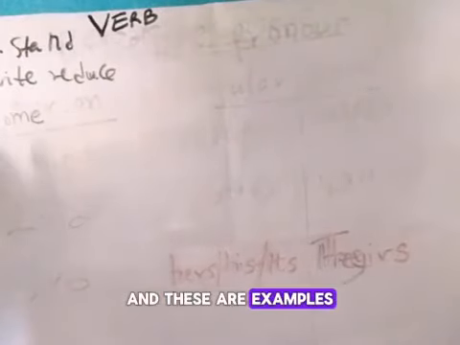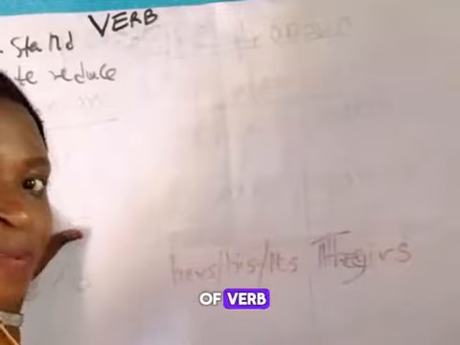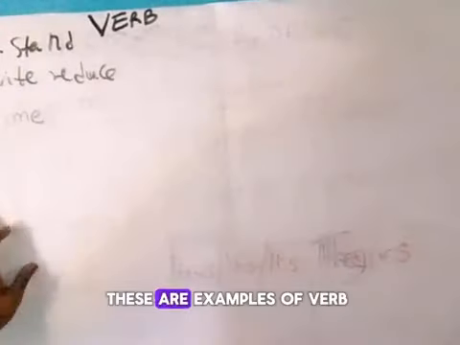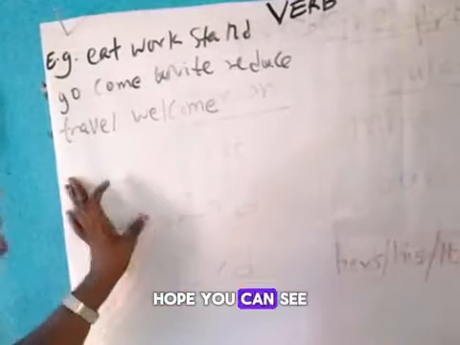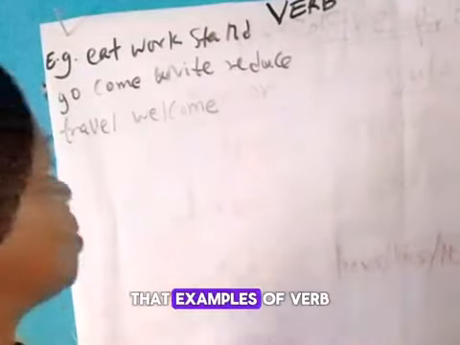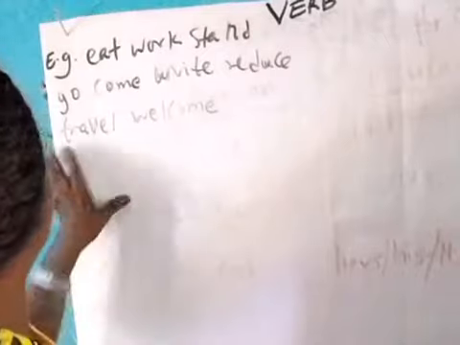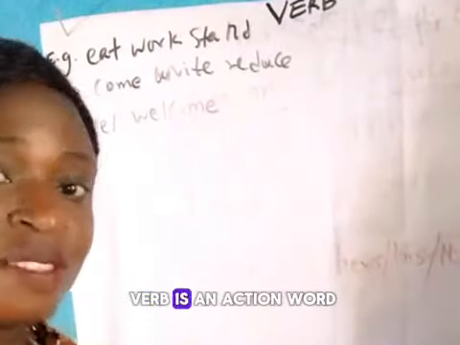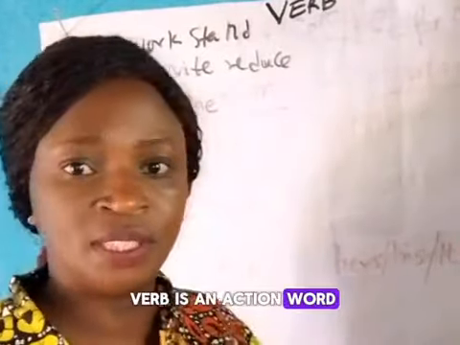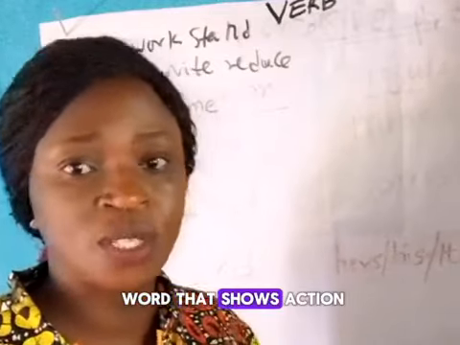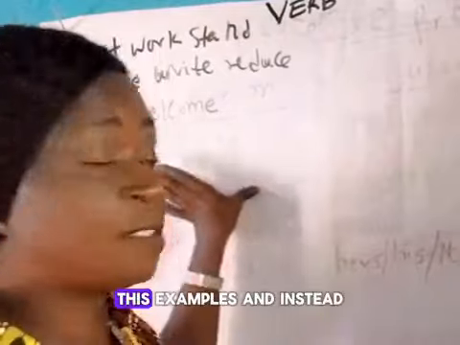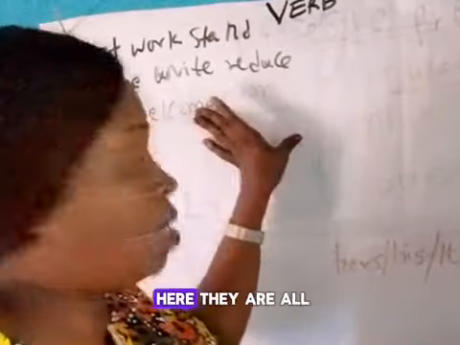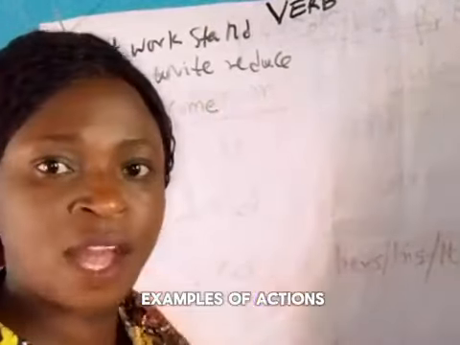And these are examples of verb. We have said that verb is an action word. A verb is a word that shows action or a state of being. These examples are listed here. They are all examples of actions.